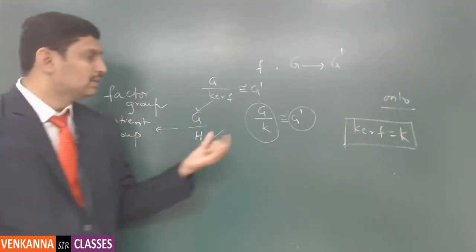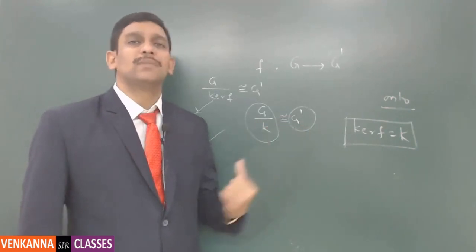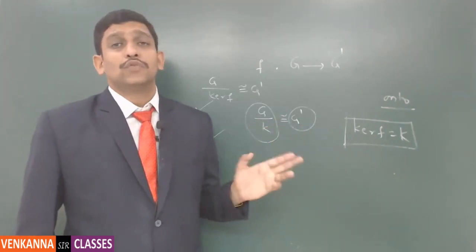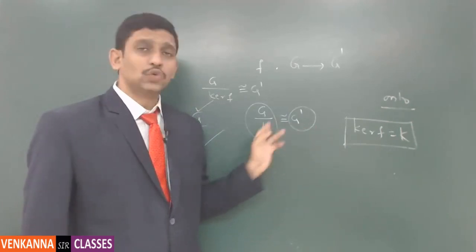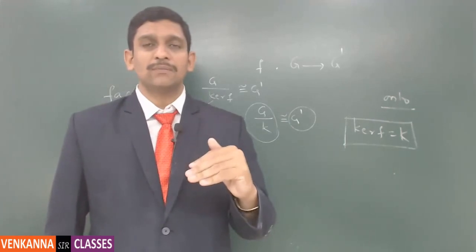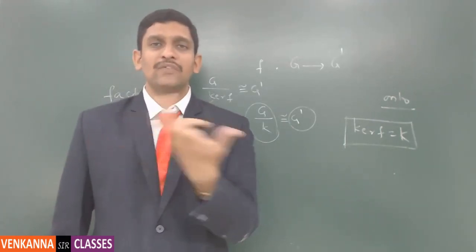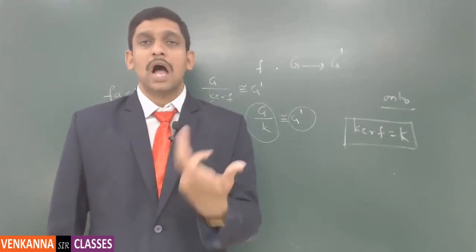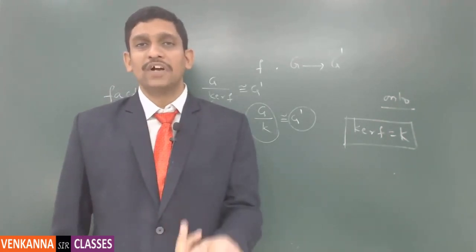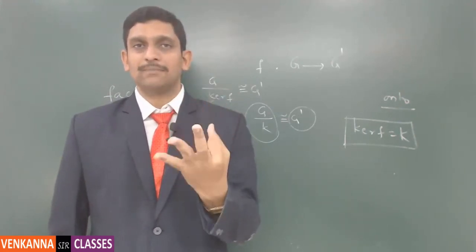Here the operation is multiplication, and here also the operation is multiplication. If you want to prove that these two groups are isomorphic, what is the definition of isomorphism? We should have a function between the two groups and we have to prove that the function is 1-1, onto and a homomorphism.